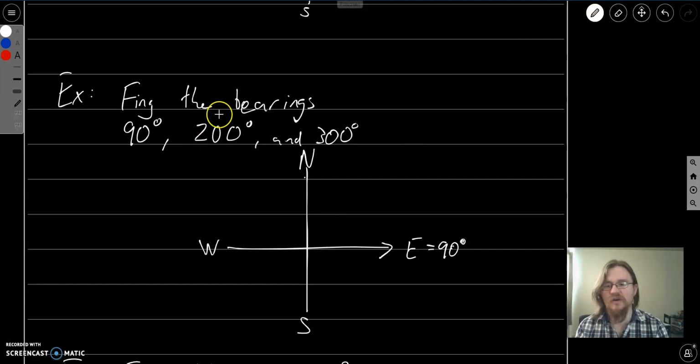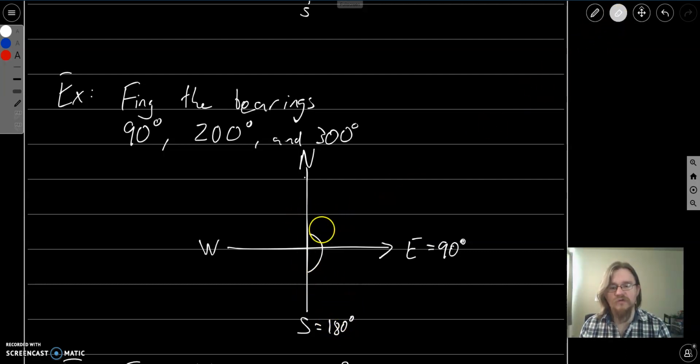So what about 200? Well, this one is a little bit harder. So we should think carefully about this. If we go 200 degrees from north, we know that, for instance, if we go 180 degrees, we'd be going in exactly the opposite direction. That's 1/2 of a rotation. And 200 is going to be a little bit more than 180. 200 will actually be 20 more than 180.